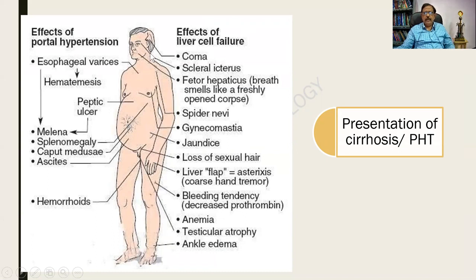So this particular one is of great importance. I think I am doing a service to the students of medicine. Please go through the sites of portosystemic anastomosis, what is ascites as such, what are the effects of portal hypertension, and what are the effects of liver failure.